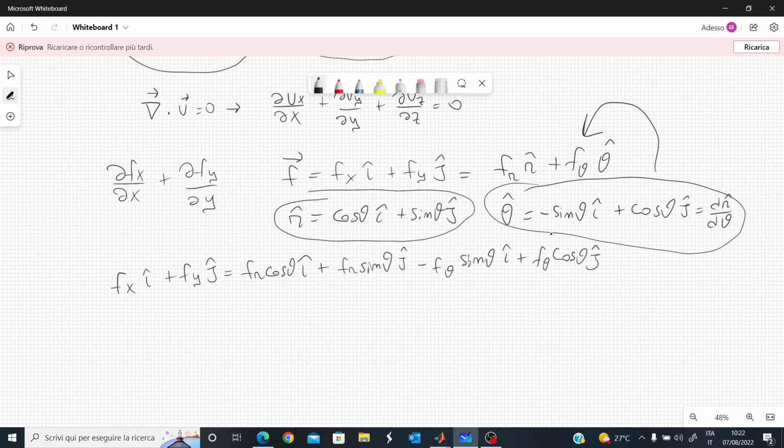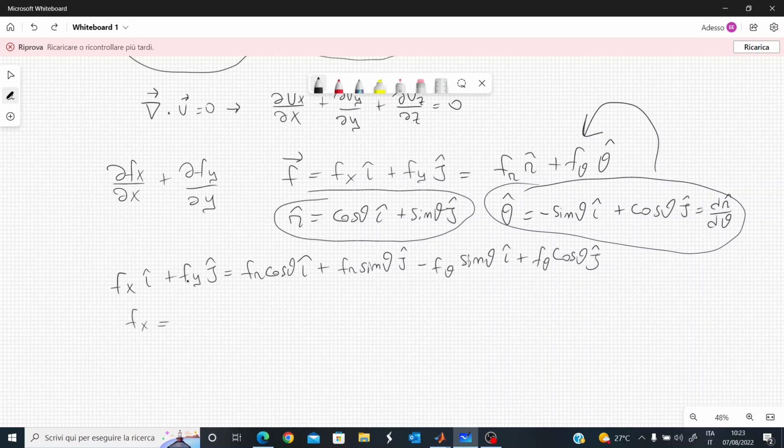And from here you find that fx should be equal to, since fx multiplies i, all those multiplying this unit vector i will sum together to obtain fx. So fr cos theta minus f theta sine theta will give me fx.